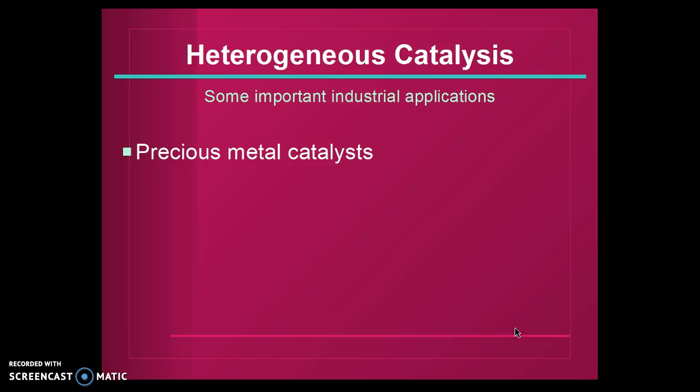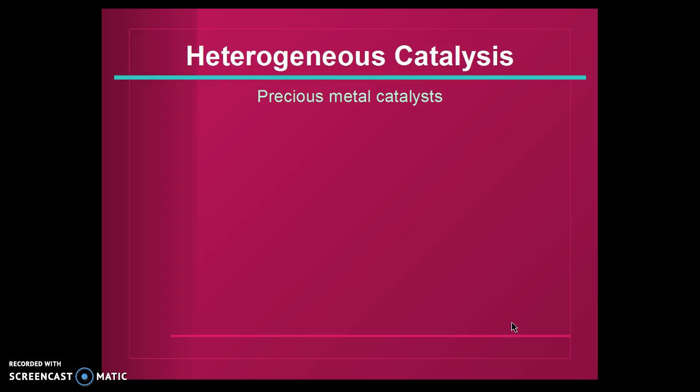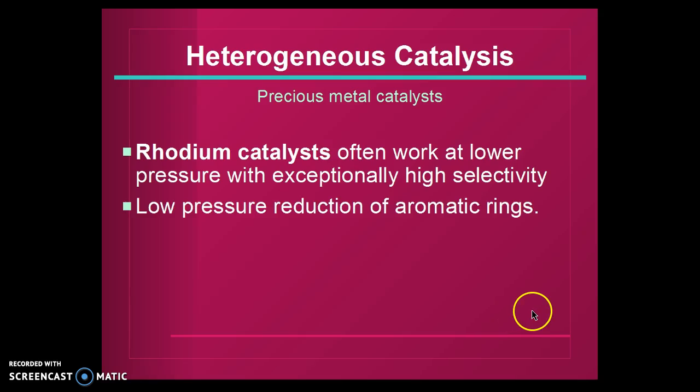There are some important industrial applications beyond that hydrogenation. Precious metal catalysts, base metal catalysts, or metallic oxide catalysts are used. We'll talk precious metal first. Rhodium often works at lower pressure with exceptionally high selectivity.